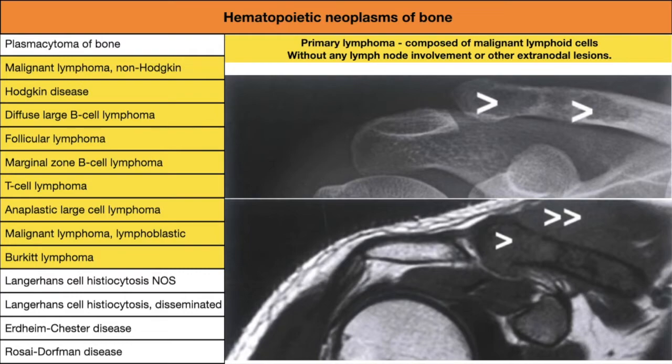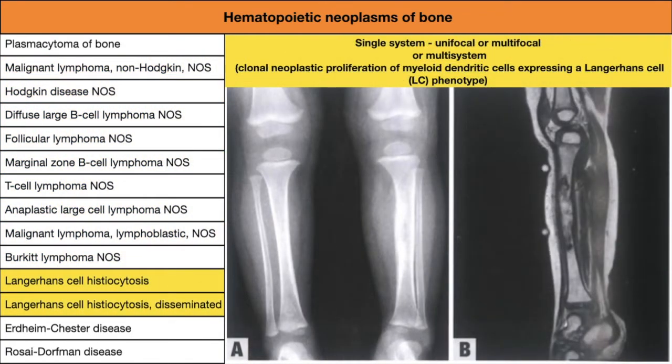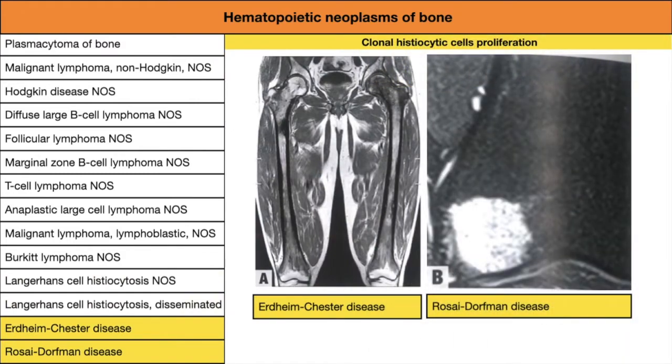We call it primary lymphoma when it is composed of malignant lymphoid cells without any lymph node involvement and other extranodal lesions. Langerhans cell histiocytosis can be single system or multi-system. If it is single system, it can be unifocal or multifocal. Then Erdheim-Chester disease or Rosai-Dorfman disease are also classified as hematopoietic neoplasms of the bone.